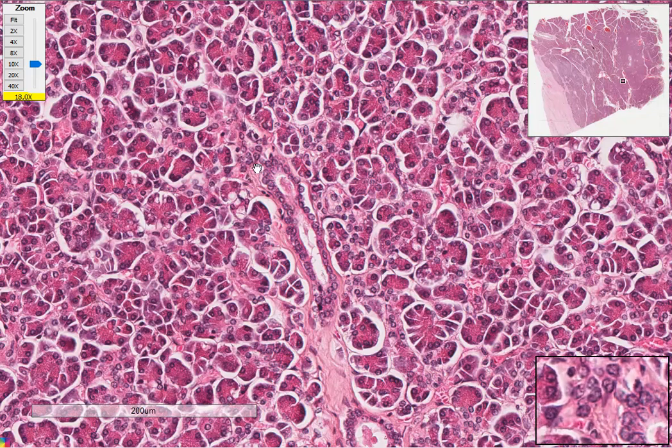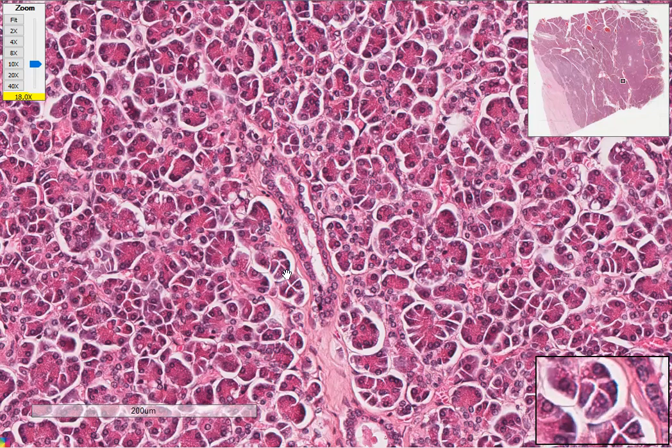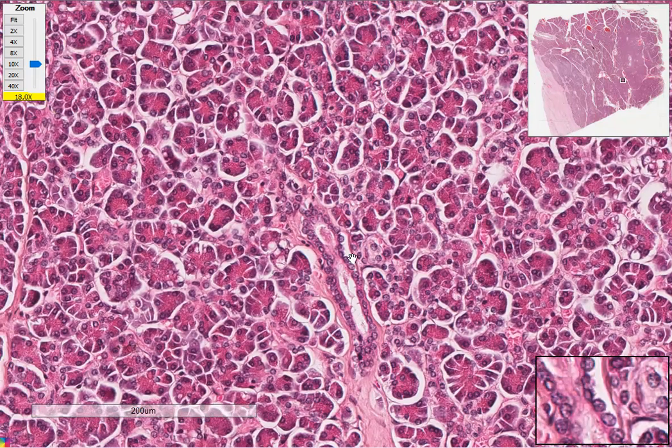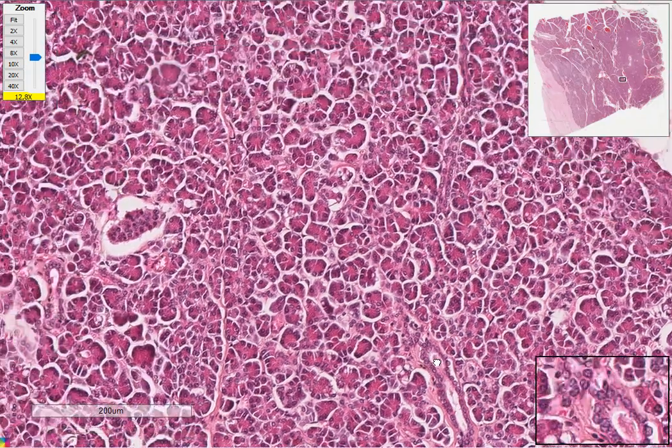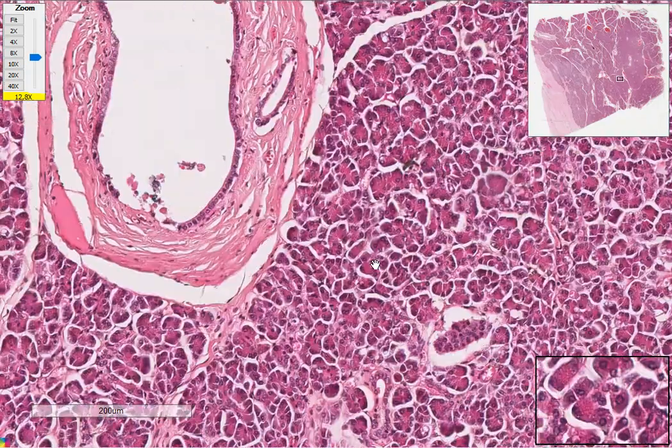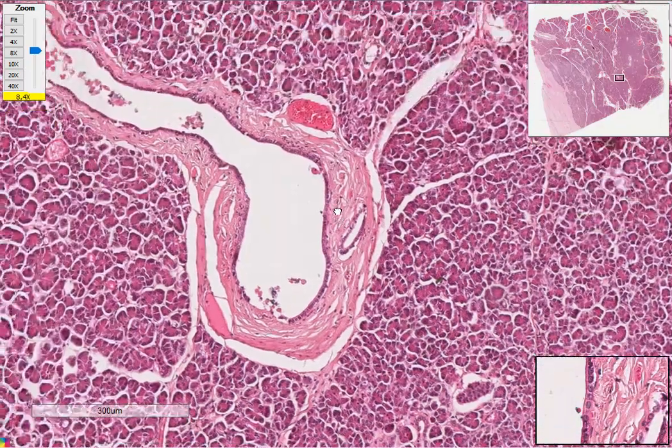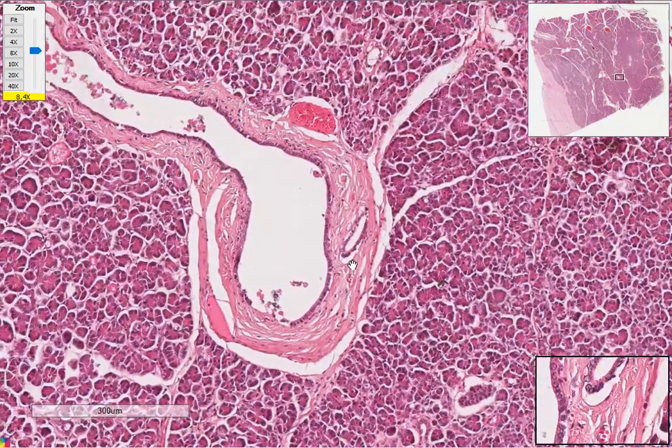It usually has a thin fibrous septa, and the intralobular ducts then secrete their material into interlobular ducts, which are surrounded by a thicker septum.